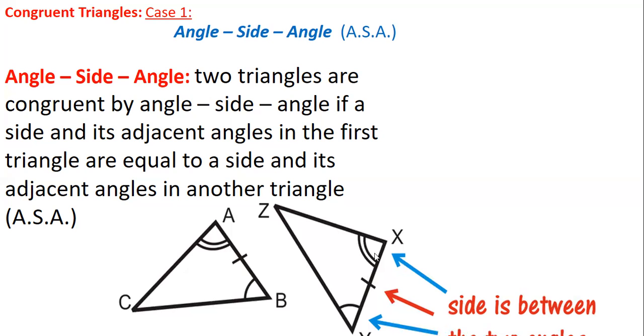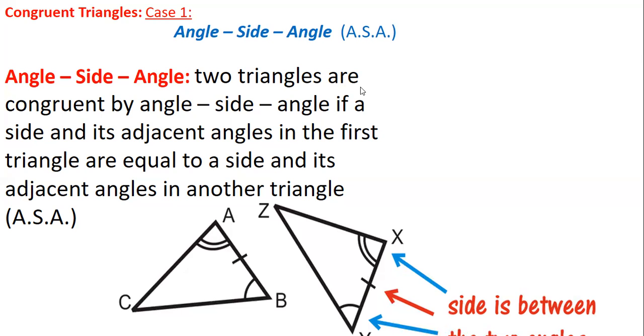Then these two angles will be equal to each other. In this case, since I found side, angle, side, angle equal to each other in two different triangles, these two triangles are congruent by angle, side, angle, or ASA.